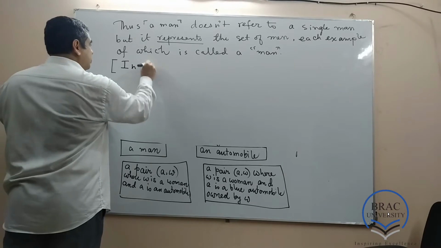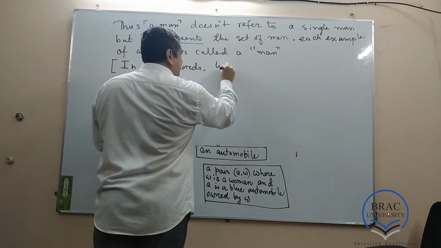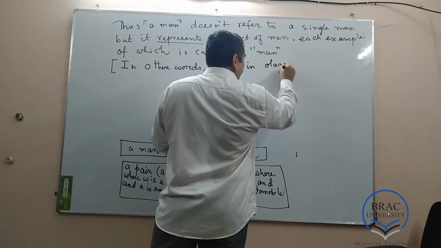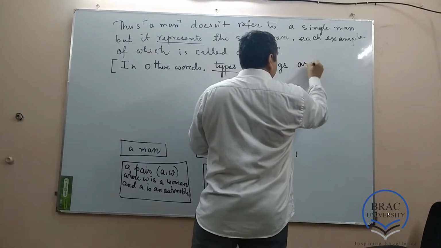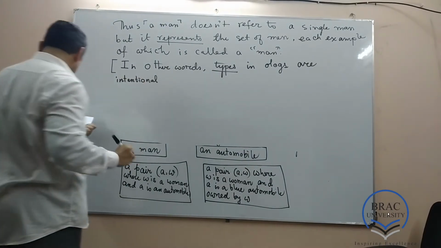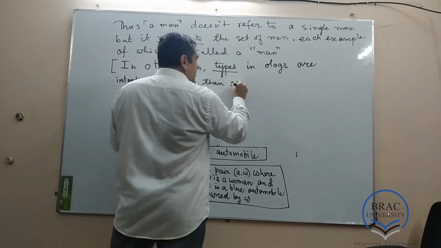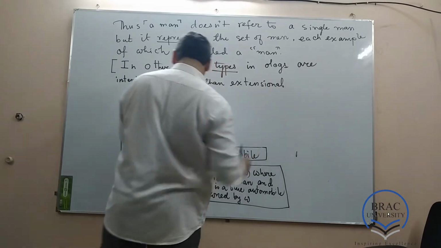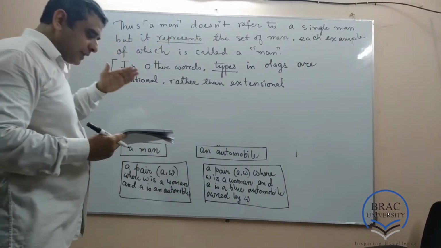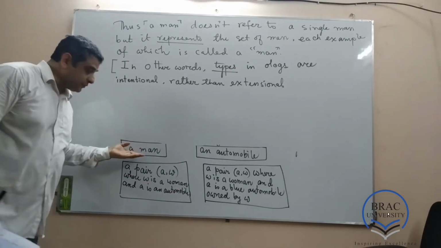In other words, types in Ologs are intentional, rather than extensional, and the extension of this type is captured by the instance data, like we had for this example.